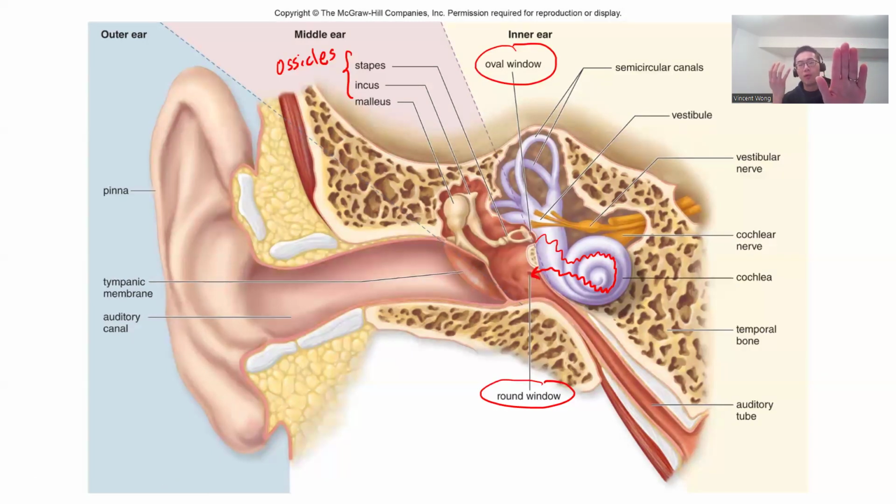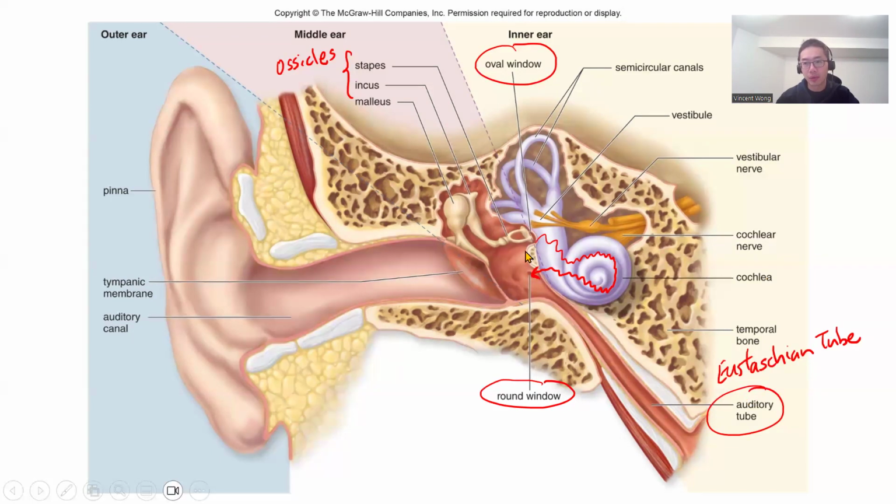And when the oval window retracts, the round window will go back in. So there is this out of sync action that helps balance the pressure inside the cochlea. We also have the auditory tube here, or Eustachian tube, for equalizing the pressure with the environment, or with the surrounding.